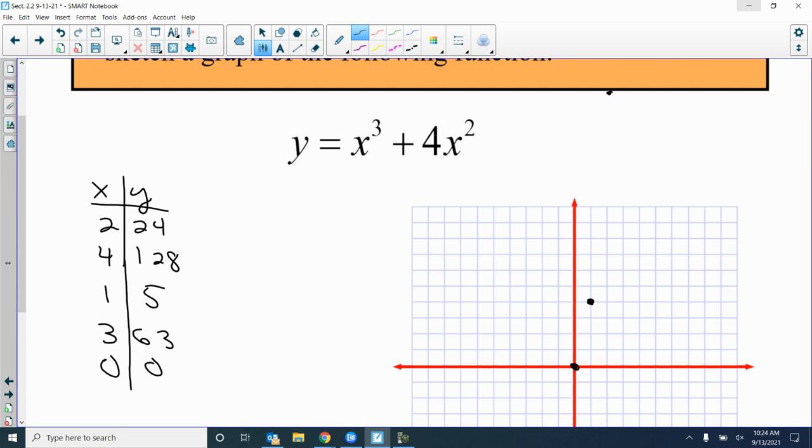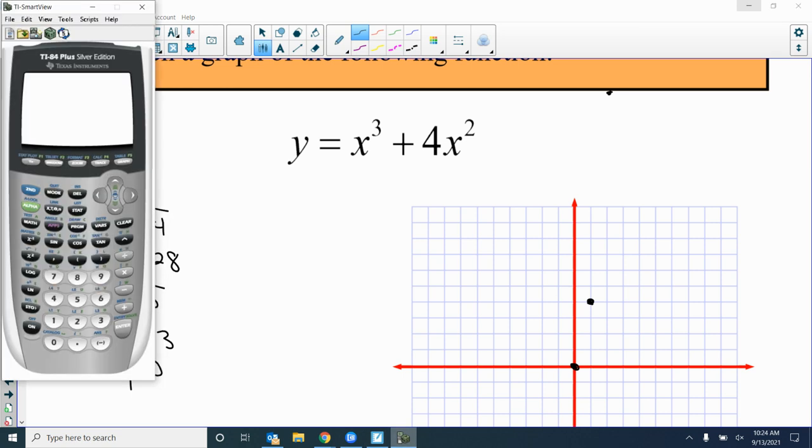All right, go ahead, do your calculators. Go to y equals, type in x cubed plus 4x squared and hit graph. When I hit graph, I get something that looks like this.